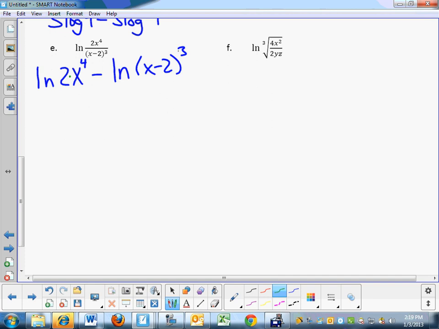Here I've got this power part, so that's going to come in front eventually. I'll make one step here. I'm going to separate this multiplication piece into natural log of 2 plus the natural log of x to the 4th, minus 3 natural log of x minus 2.